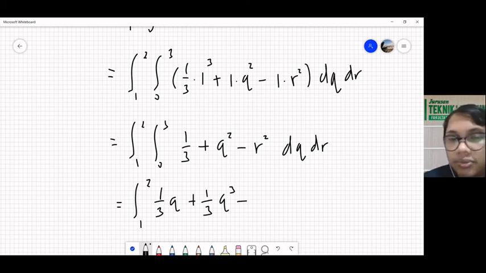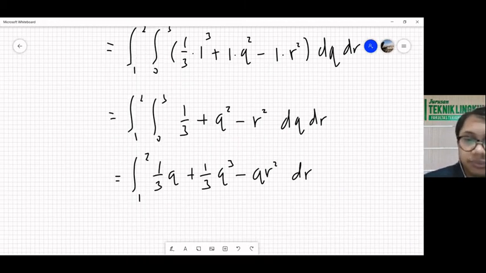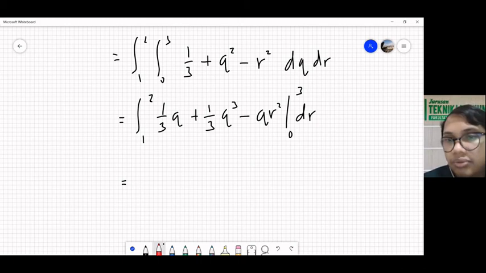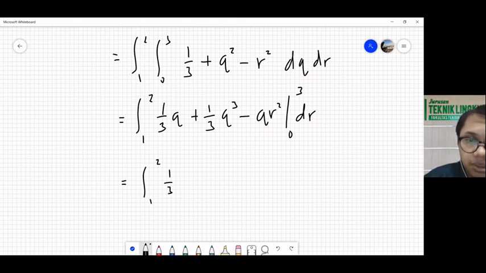And r square also doesn't have q, so it's q r square dr. Then don't forget to write the limit. This limit is also 0, so we just do the upper limit.